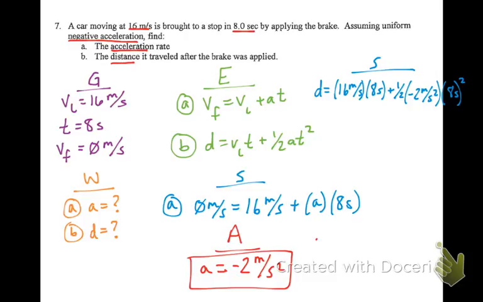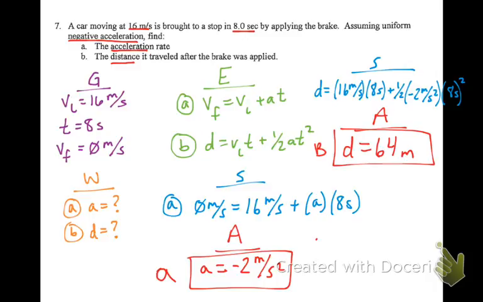So we plug that all in and we solve, and our answer is 64 meters. So this is for part B, and this would be for part A. Hopefully that's what you got. If you didn't get that, make sure that you ask me about it.